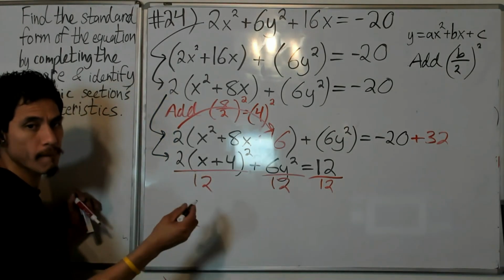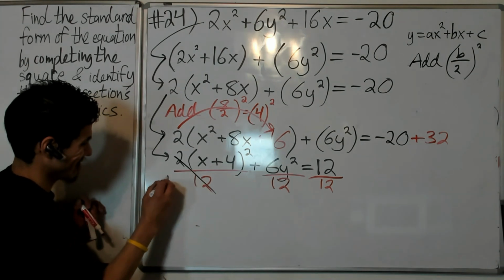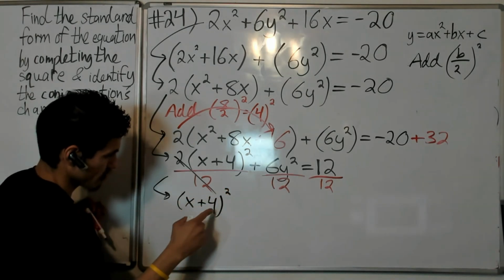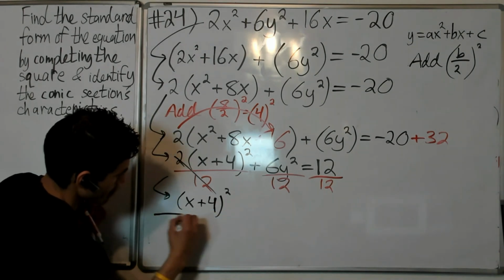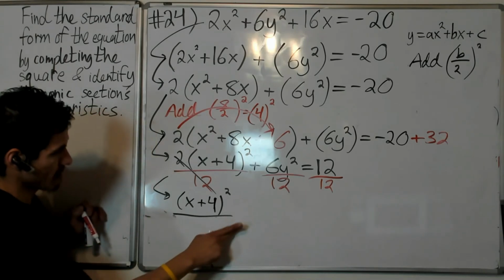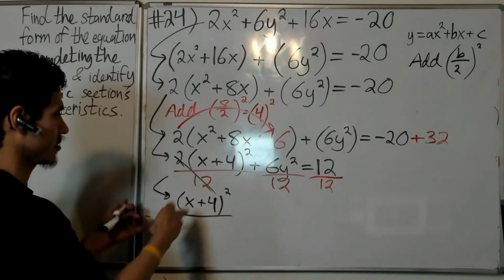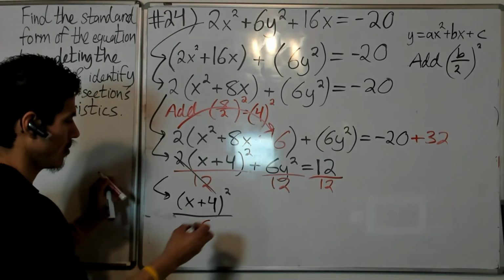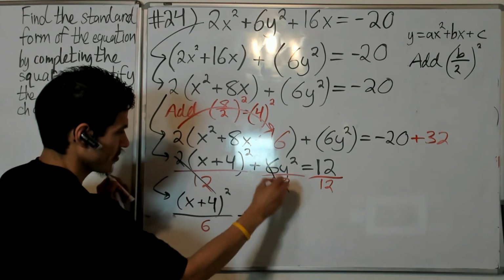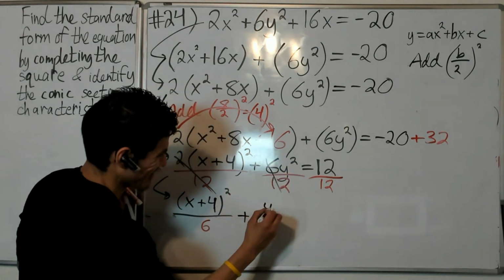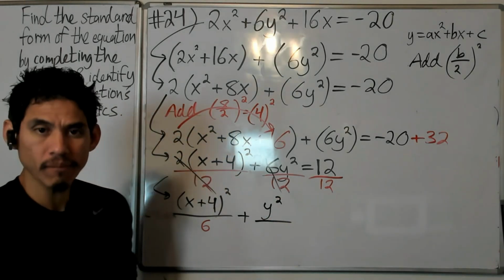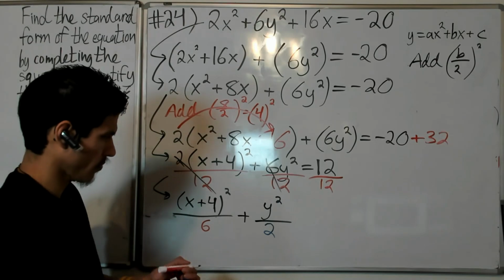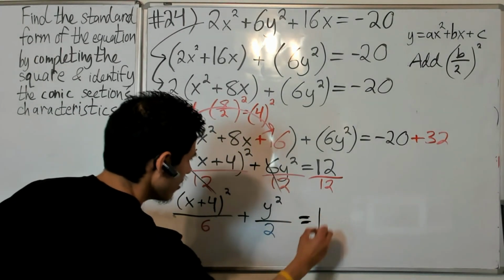Then this breaks down to x plus 4 squared over 6, plus, the 6 over 12 becomes just 1/2, so plus y squared over 2, and equal to 1. Yay!